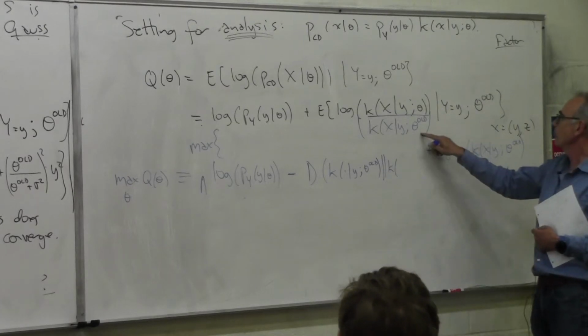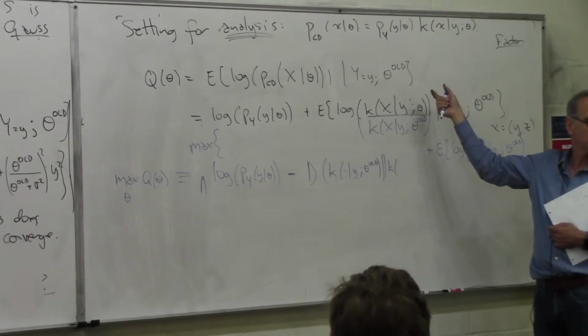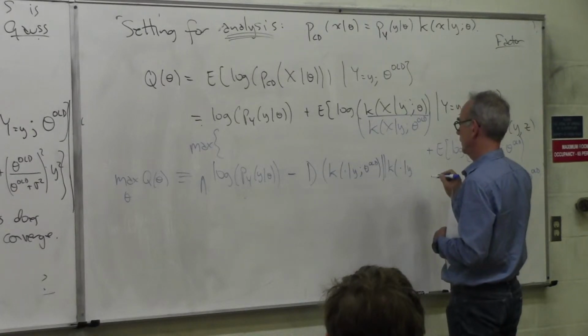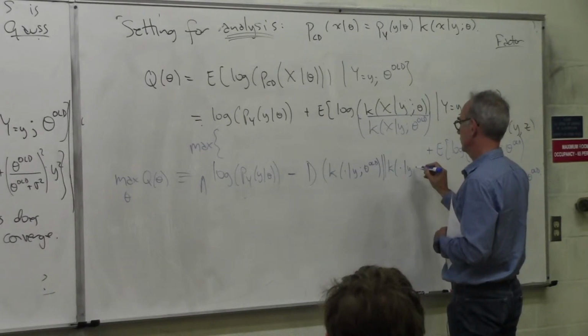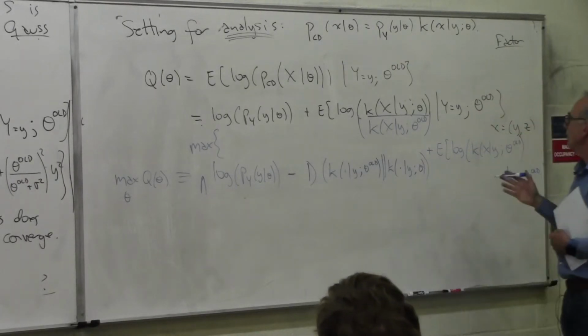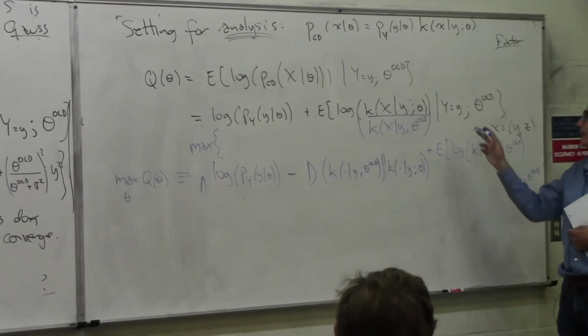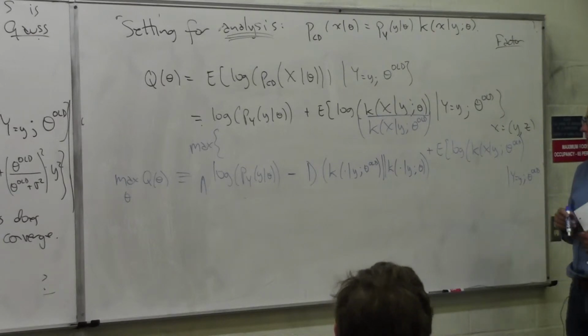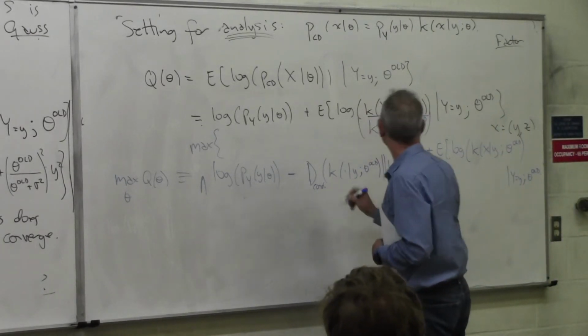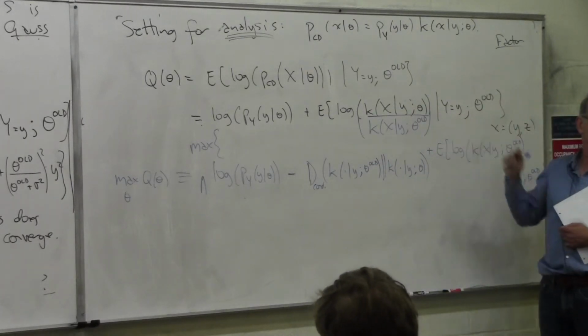Because this is supposed to be on top, to flip it around I have to put the minus sign. And of course, it's a conditional relative entropy. I can put D conditional if you want, because it's given y equals y.